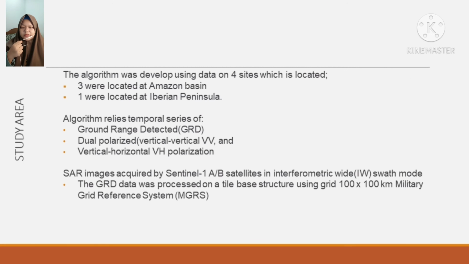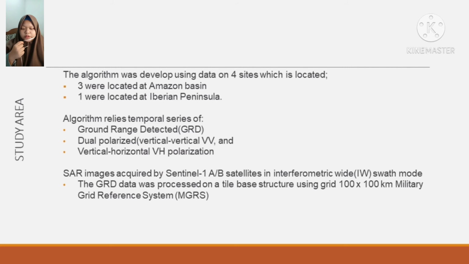The study area for developing the algorithm is four sites, with three located in the Amazon Basin and one located in the Iberian Peninsula. The algorithm relies on temporal series of ground range detected, dual polarized, vertical VV and vertical-horizontal VH polarizations, SAR images acquired by Sentinel-1A or B satellites in interferometric wide swath mode.